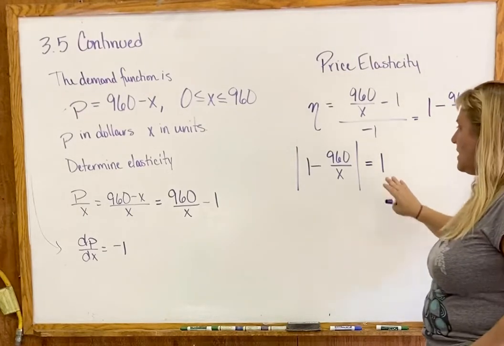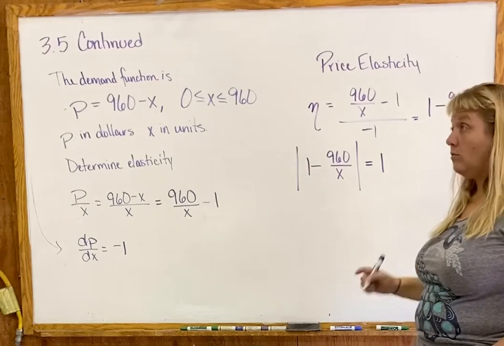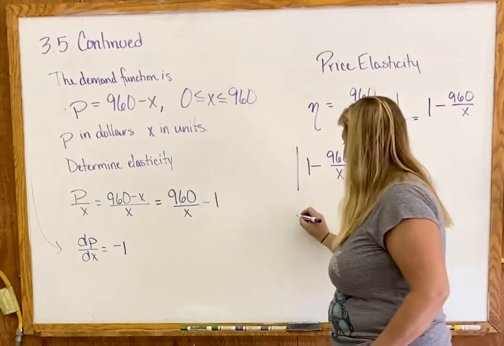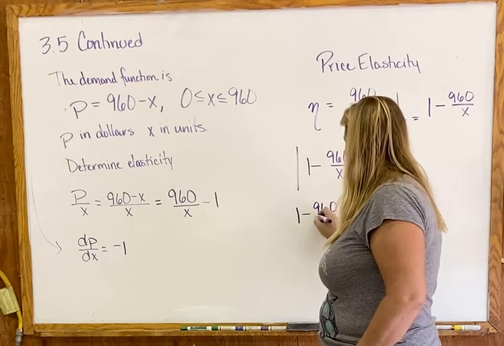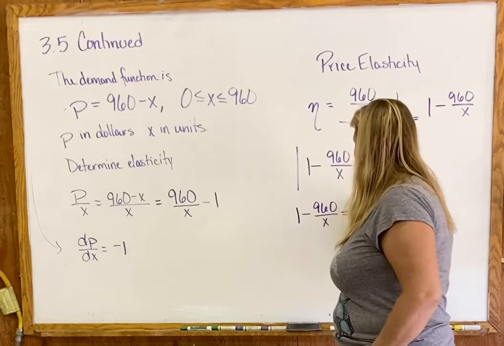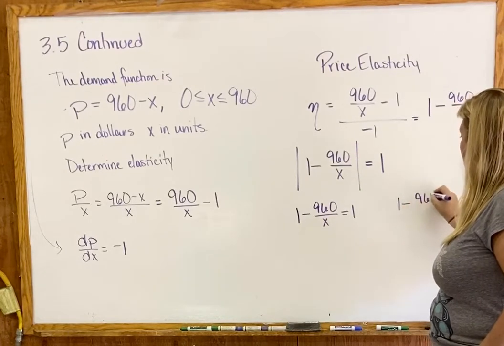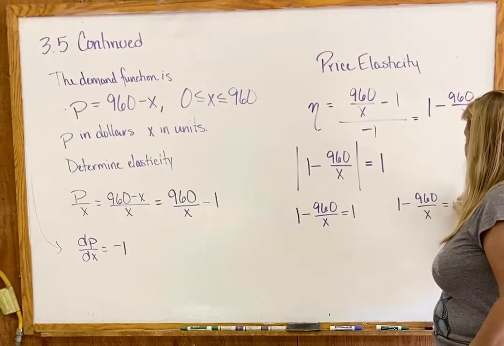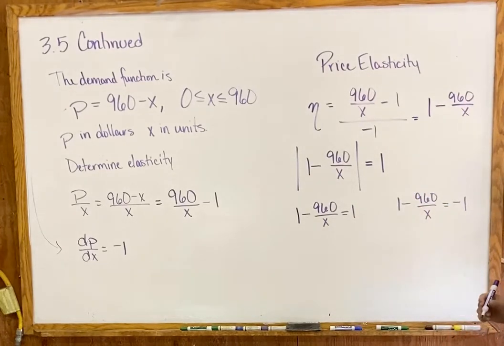It's an absolute value problem, so 1 minus 960 over x equals +1, but this could also equal -1, because either way it's going to be a +1 when you take the absolute value. So two little equations here.